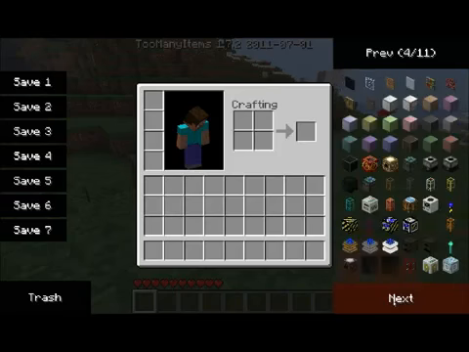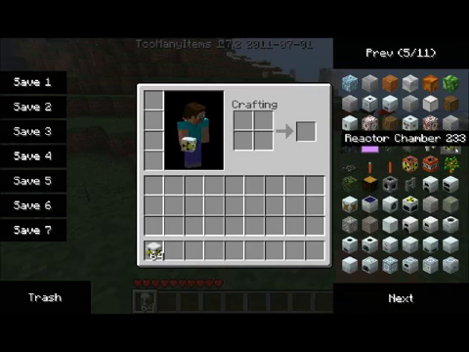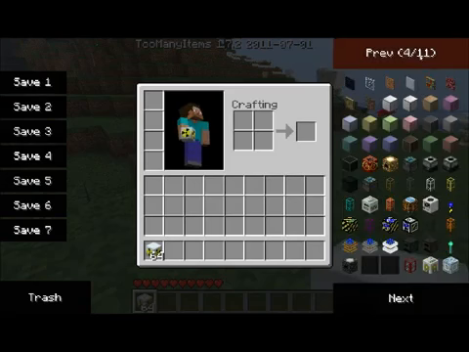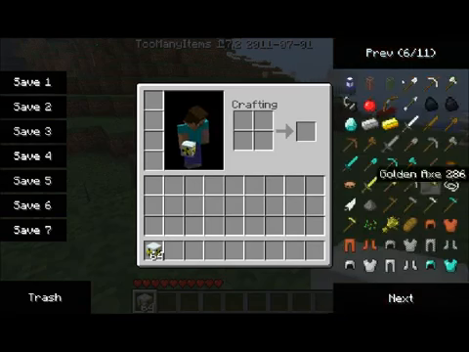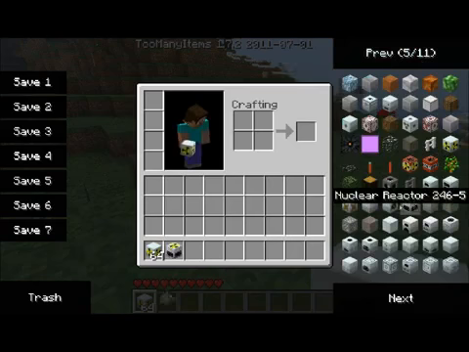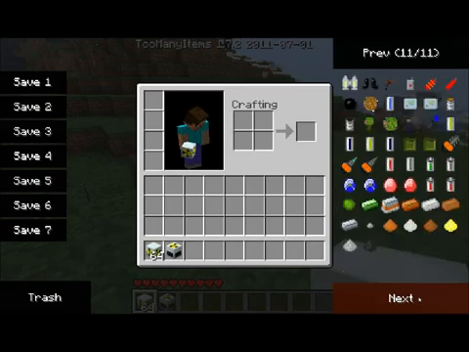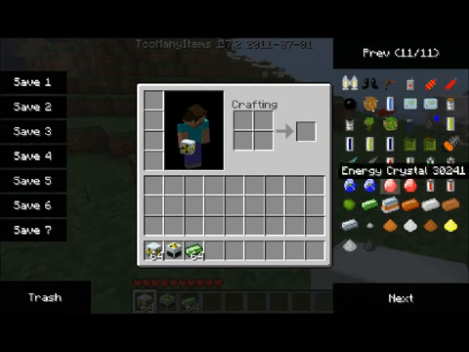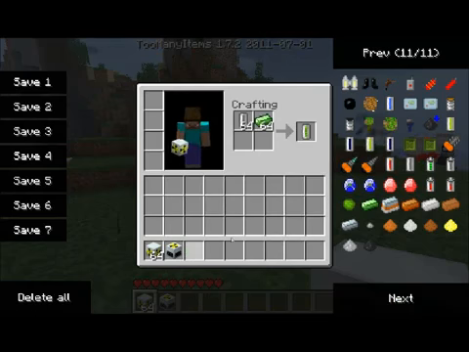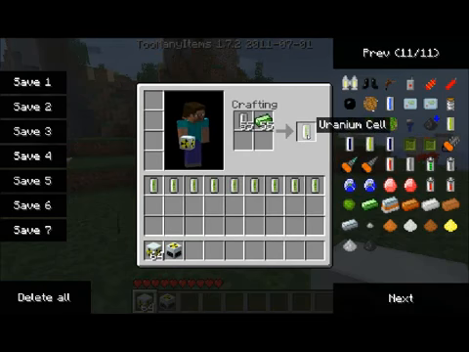Okay, I just moved over to a random location here. I'm going to give myself some reactor chambers. I'm going to give myself the nuclear reactor itself. And there we go. Bunch of uranium cells.